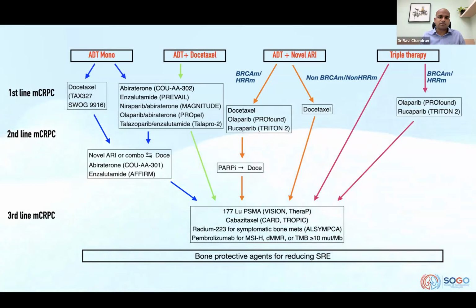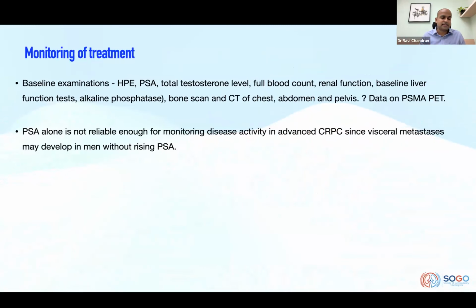Whenever we are talking about the CRPC setting, along with all these drugs, one more pillar which we should not forget is to add a bone protective agent in order to reduce skeletal related events, which I'll be talking about shortly. So once we have started the patient on a treatment, how do we monitor them? One is to have a baseline examination, PSA. Once you document a total testosterone level, that should be good enough. Keep looking at counts, renal functions, and liver functions.